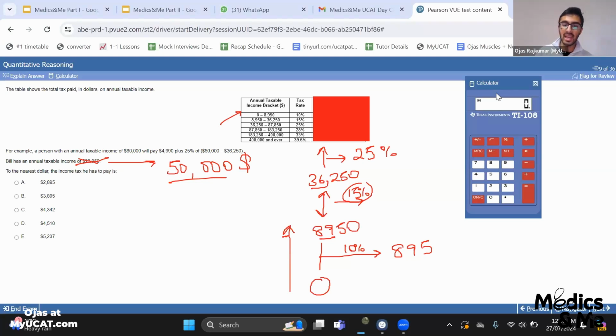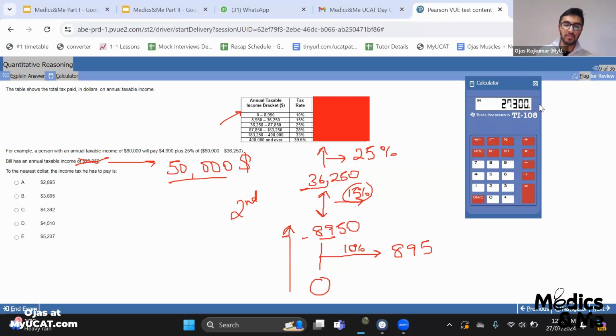So I've done the letter P, and my 895 has already gone in the memory. Now what I want to work out is how much money is in my second tax bracket. So how much is in between 36,250 and 8,950. To do that, I'm just going to subtract 36,250 take away 8,950. And well, we know that that's 27,300.